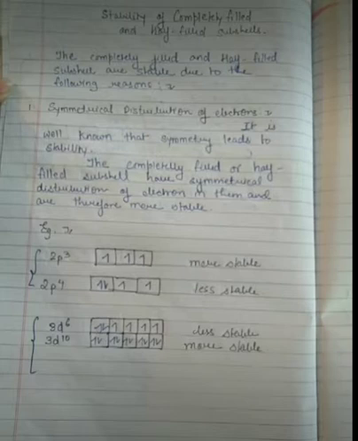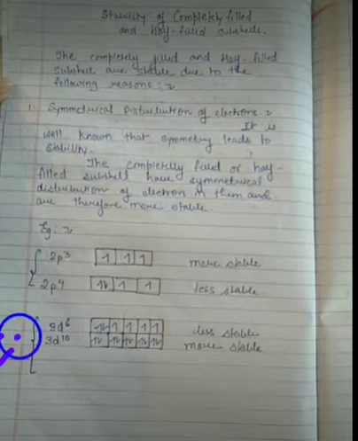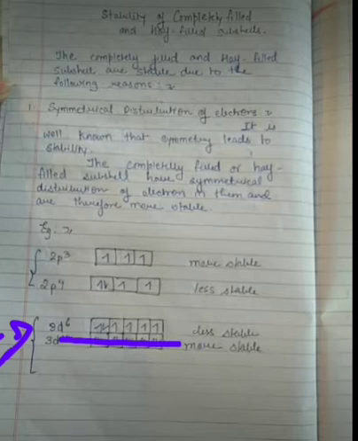Suppose, students, we are considering the d orbital. As we are discussing the d orbital, here we have taken 2 configurations, 3d6 and 3d10. So students, for 3d6 you can see there is not a symmetrical distribution of electrons. यहाँ पे इलेक्ट्रॉन सिमेट्रिकली डिस्ट्रीब्यूटेड नहीं है. 4 ऑर्बिटल्स में हम देख रहे हैं सिंगल इलेक्ट्रॉन है, लेकिन एक ऑर्बिटल में 2 इलेक्ट्रॉन हैं.